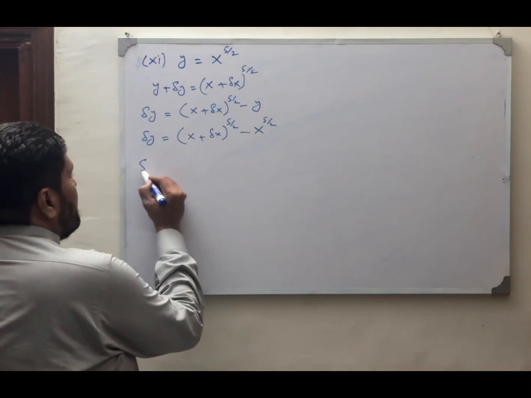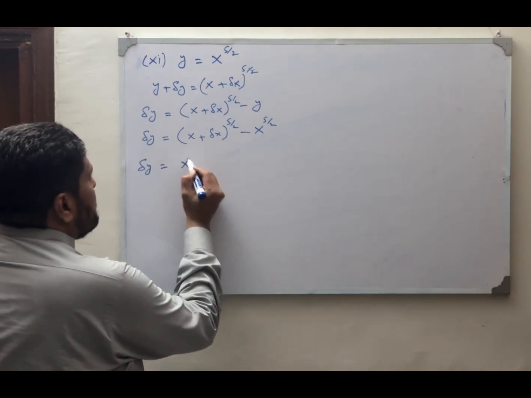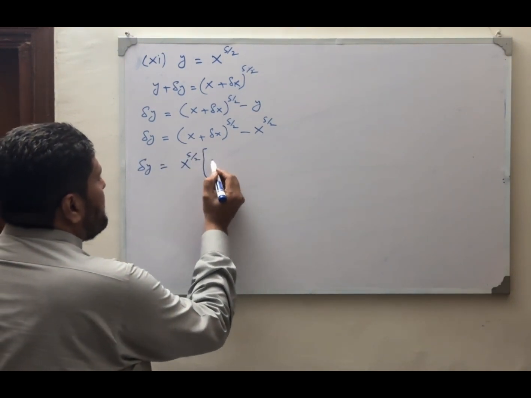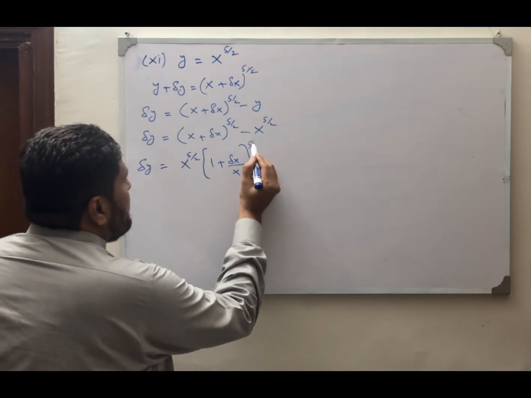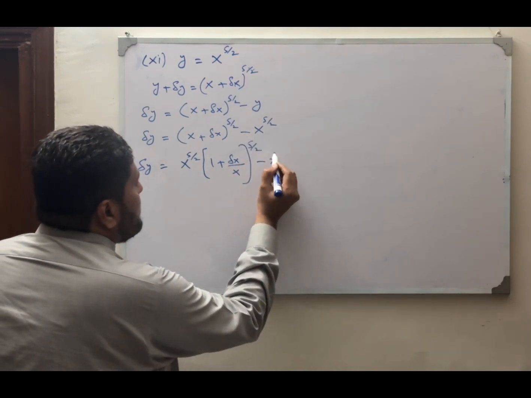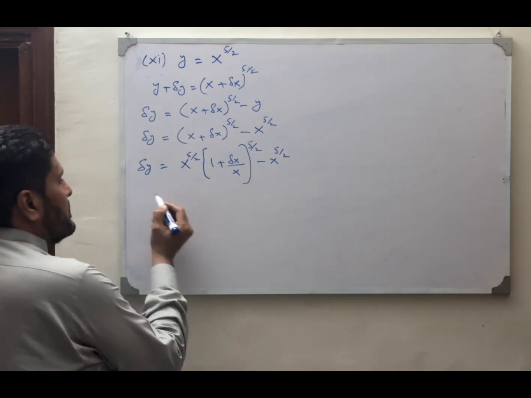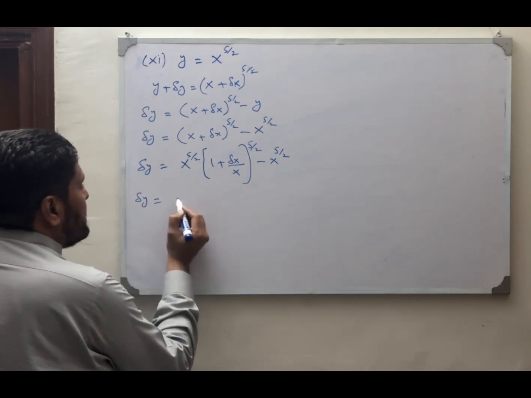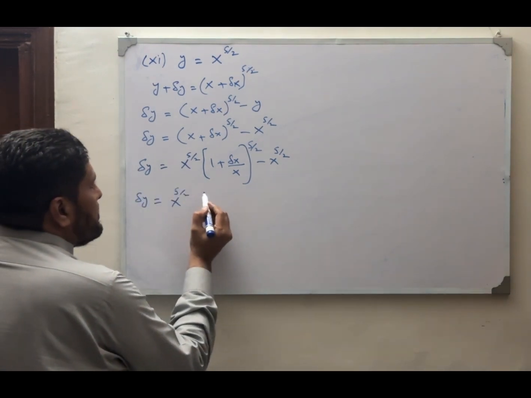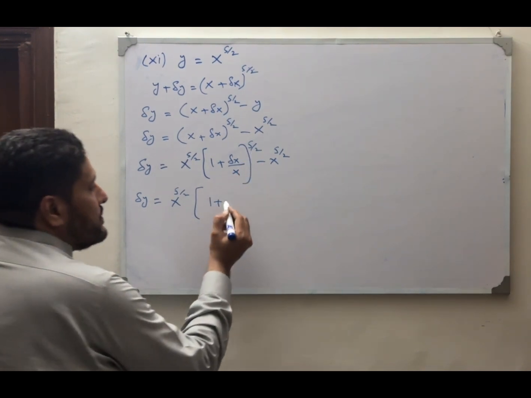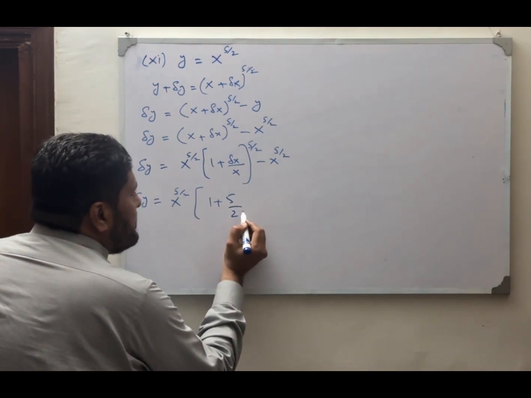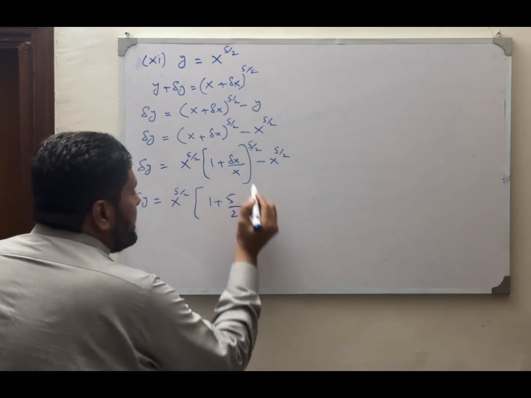So here delta y is equal to x power 5 by 2 into 1 plus delta x by x power 5 by 2 minus x power 5 by 2. So delta y is equal to x power 5 by 2 into 1 plus nx. Our n is 5 by 2, so we write it as 5 by 2x delta x.